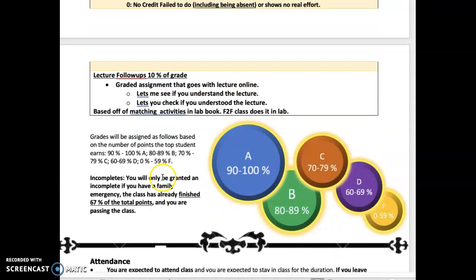And lastly, lecture follow-up. If you look at the Labbook, there's all these matching questions in it. Because this is an online class or a partially online class, for lecture, instead of having people do that in lab, I'm having you do it after lecture. So these lecture follow-ups are the multiple choice or matching questions from the Labbook, to see, did you understand it or not?